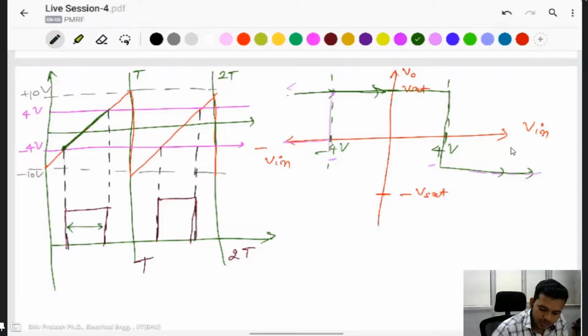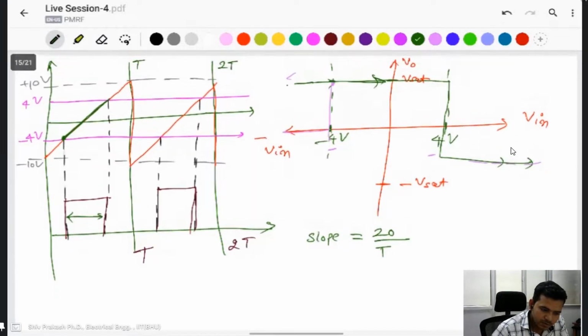If you see the slope here, first find the slope. Total y-axis is 20 volt and the time period is totally T. This one is slope 20 by T. Then what time is the signal present? From minus 4 volt to plus 4 volt, we take T on.